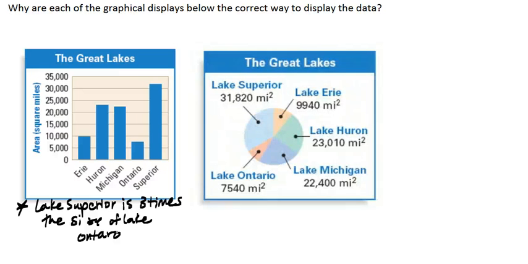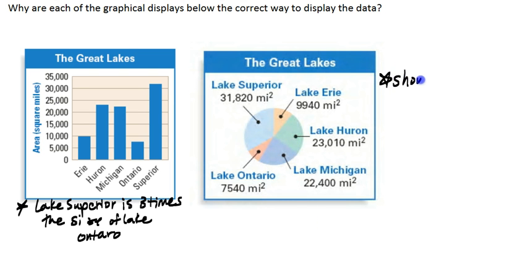Now look at the pie chart. The pie chart, remember, shows us a percentage of a whole. So I'm able to see if I took the whole area of all of the Great Lakes together, Lake Superior is still the biggest, but as a percent of the whole, now it doesn't look quite as big as the others.